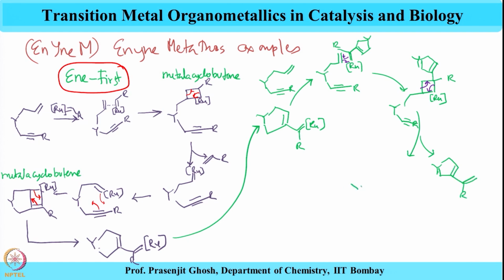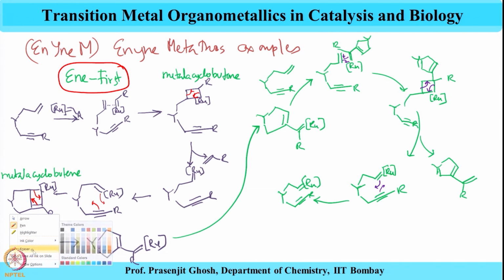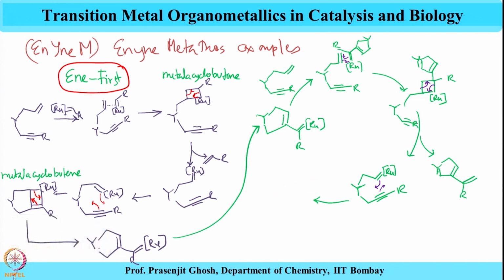and the active ruthenium species of the type this, that then undergoes again metathesis with the yne to give this metallocyclobutene as is shown over here.